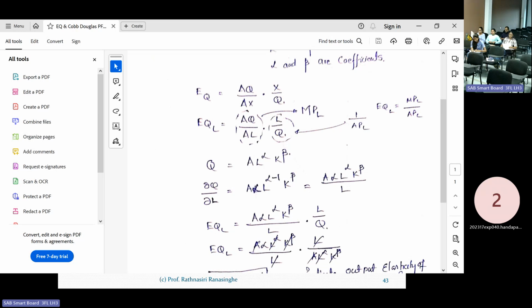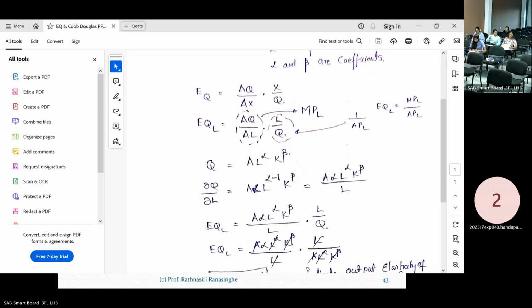If we write it in differentiated form, the power of L means we multiply by that factor. So that means A alpha L to the power alpha minus 1, K beta. That is the slope of the Cobb-Douglas production function, the first order differentiation.